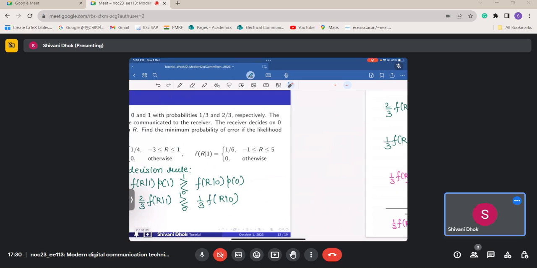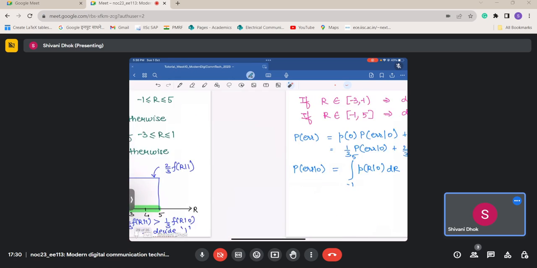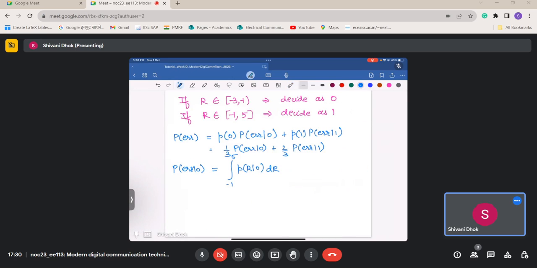So this is valid only for the region of -1 to 1, and in this region f of r given 0 is 1 by 4 dr, which comes out to be 1 by 4 into 2, which is 1 by 2.